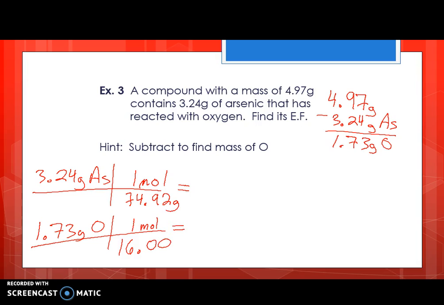Again, not diatomic. Well, it is diatomic, but it's bonded with something else, so we don't have to worry about that. Do some math. 3.24 divided by 74.92 gets me 0.432 moles. The bottom one, 1.73 divided by 16, gets me 0.108 moles.